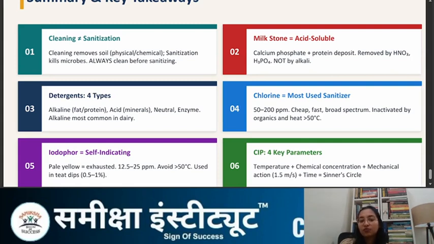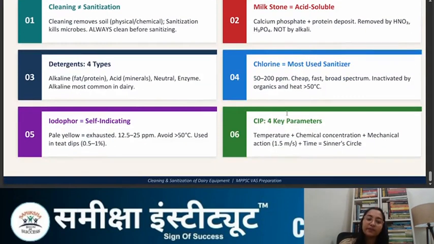So what we need to do, we need to first remove the organic substances, then we will go for using the sanitizer or the chlorine. Then next, iodophores, these are also self-indicating in nature. They will convert into pale color once they are exhausted, and 12.5 to 25 ppm is used. Again, we need to avoid more than 50 degrees Celsius temperature, and teat dips can also be used with iodophores.